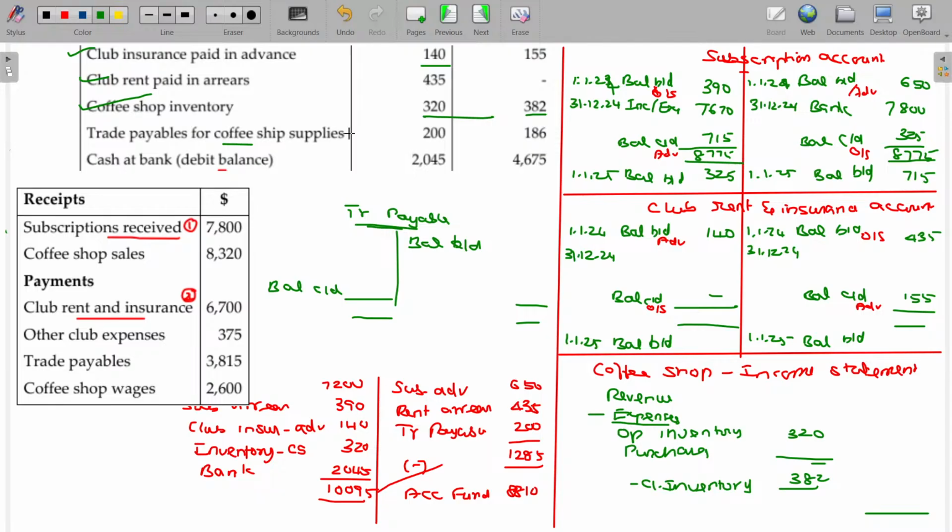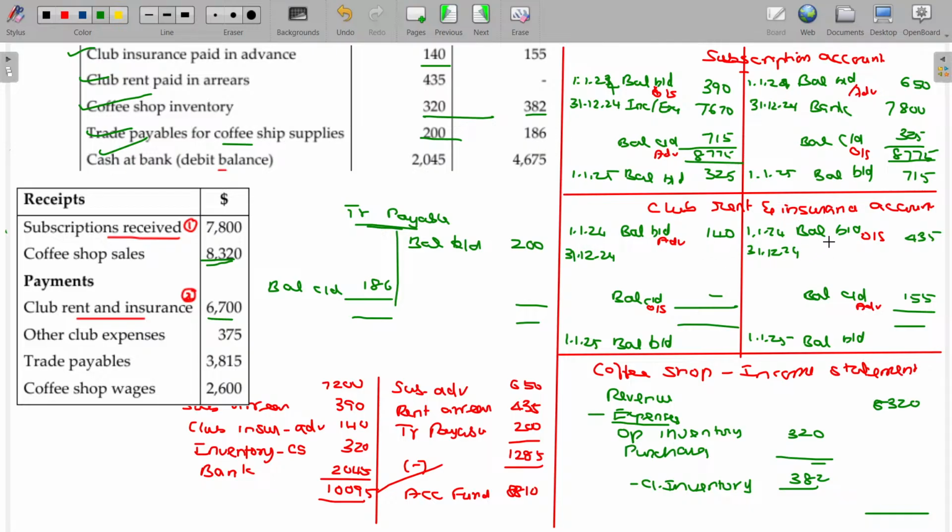Now, trade payables in the beginning 200, in the end 186. Cash at bank, it's an asset, but anyhow not required for our calculation currently. Coffee shop sales being 8,320, that's the main revenue. Club rent and insurance payment 6,700.